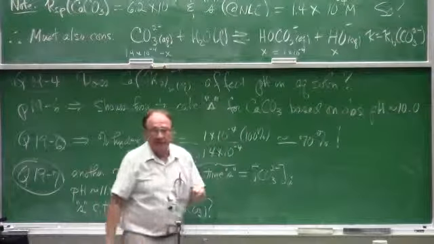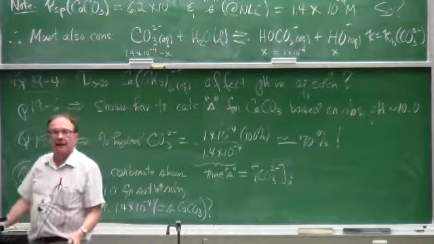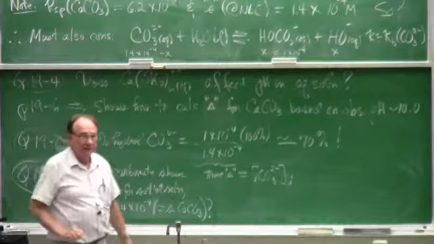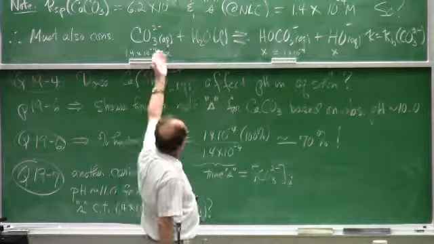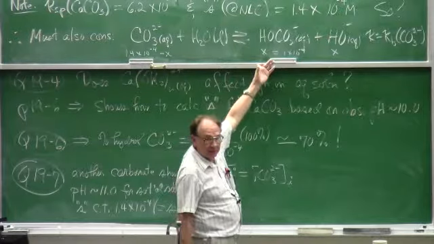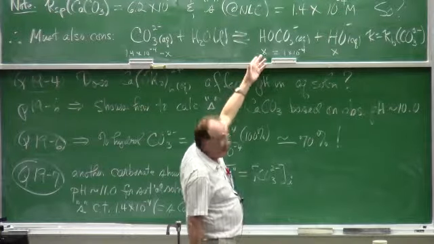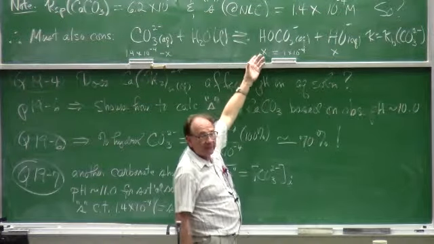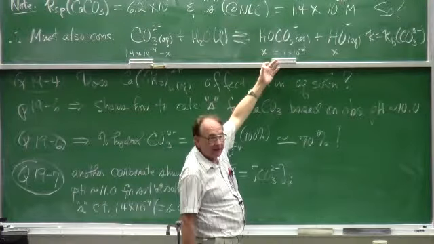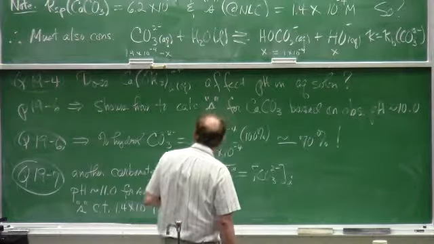So to what extent has carbonate ion hydrolyzed? To what extent has carbonate ion reacted with water by this process to create bicarb ion? Because clearly bicarb ion is the species derived from carbonate hydrolysis in this system.